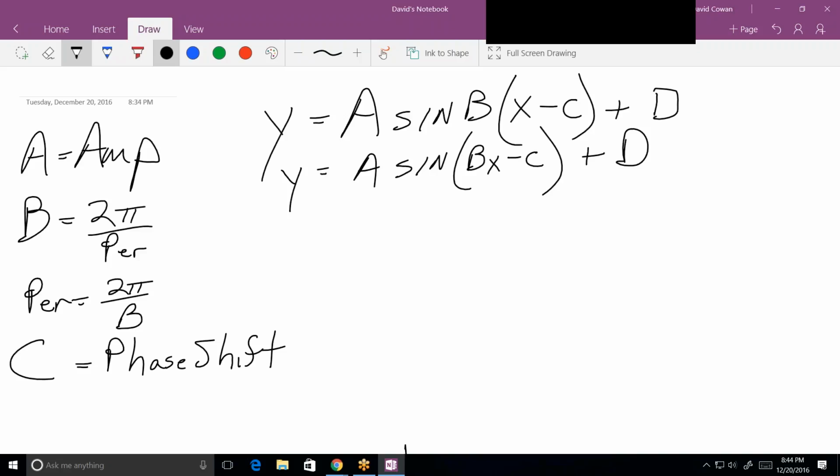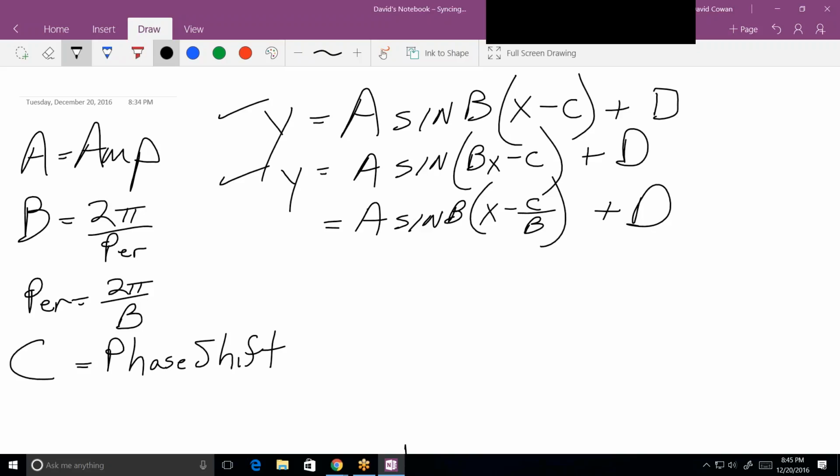The problem is that each format is different. In the top row, C is the phase shift. In the bottom, the second row, C is not the phase shift. I've got to factor that B out, and when I do so, I end up with C over B. So if I rewrite the second equation, factoring the B out, I get B times (x minus C over B).